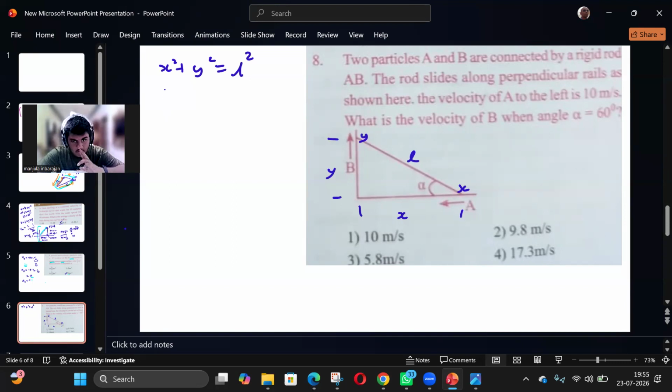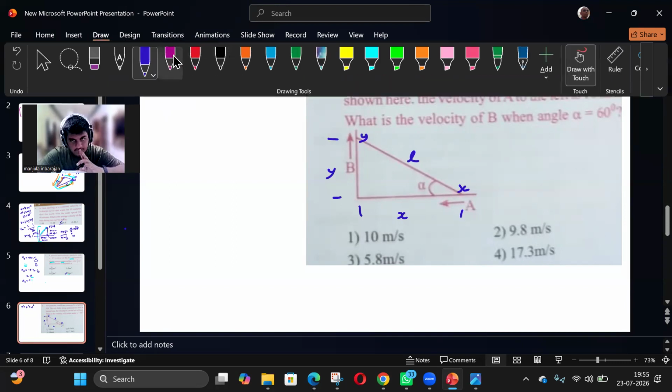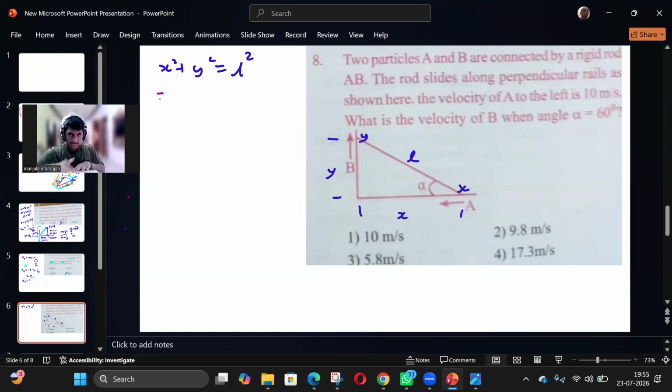Now differentiate both the sides with respect to time. We'll get 2x x dot plus 2y y dot equal to 0, because L is constant. X dot is the velocity of point A, but with a minus sign, because A is moving towards the left, so x is decreasing.